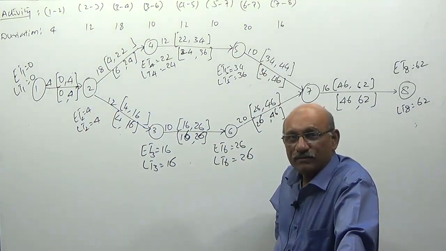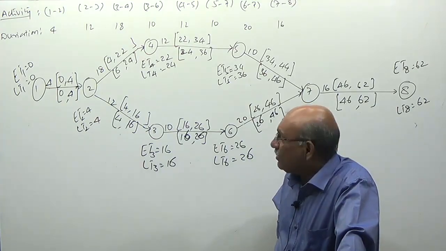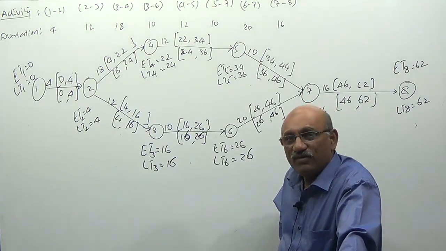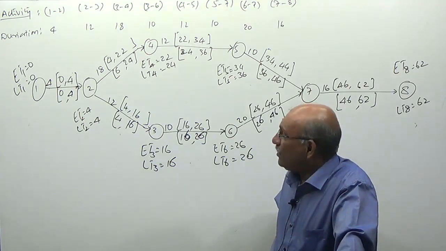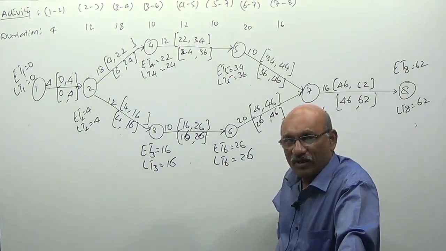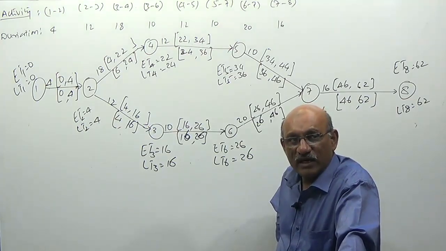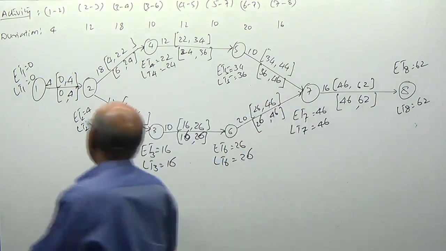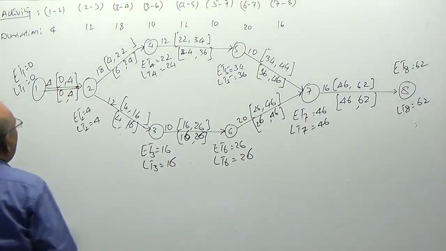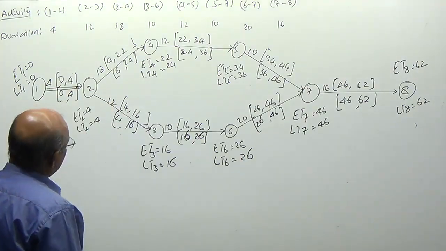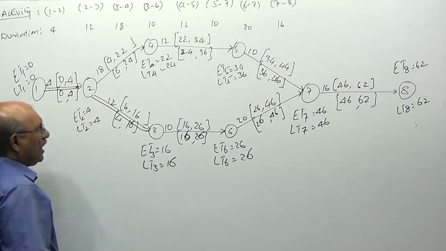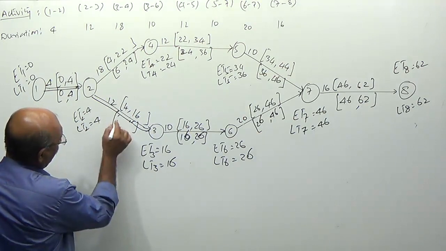Look at the network. There are some activities on this network whose earliest and latest timings are the same. Look at this. For 1, 2, earliest and latest timings are the same. For 2, 3, the same.